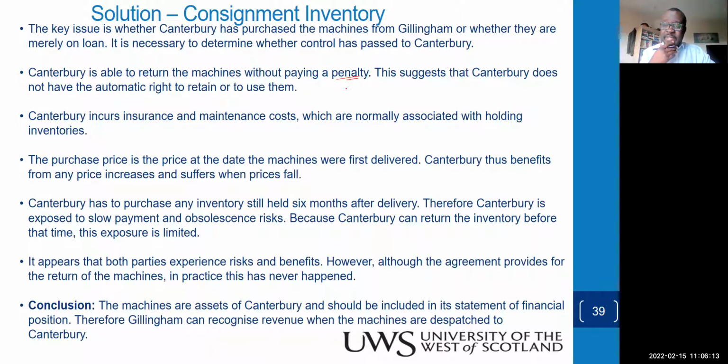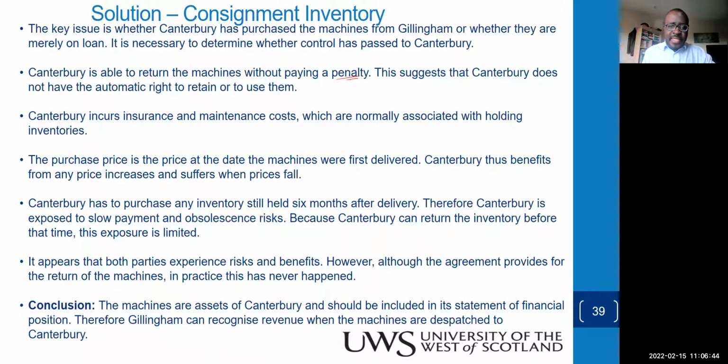But in reality, we have been told that it has never happened. Okay, Canterbury incurs the insurance and maintenance, so they are normal, like I said, holding costs. Okay, inventory, warehousing costs. Okay, the purchase price is the price at the date the machines were delivered, and Canterbury can sell it at a profit. Similarly, if the price drops, he will bear the loss. So he's now bearing the risk and rewards. He's taking possession of the assets.